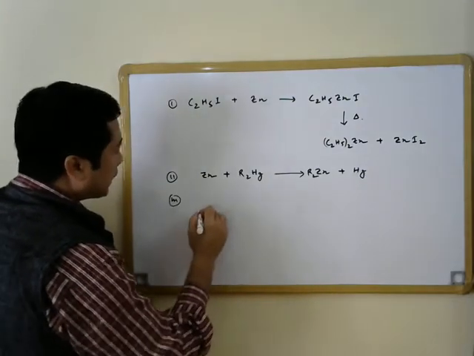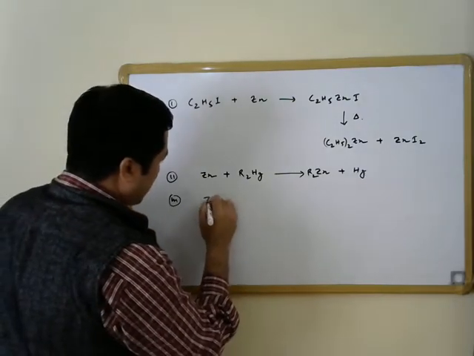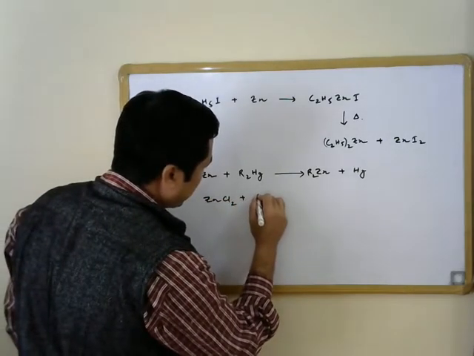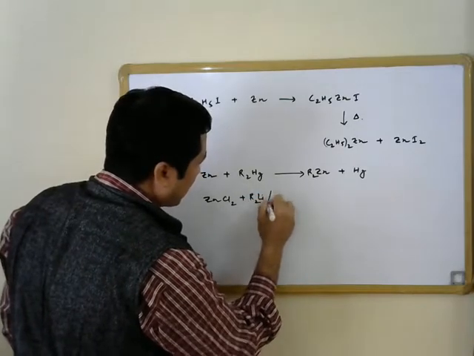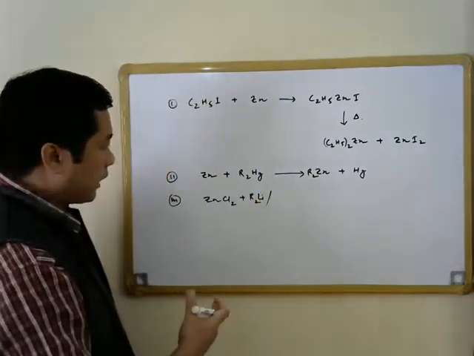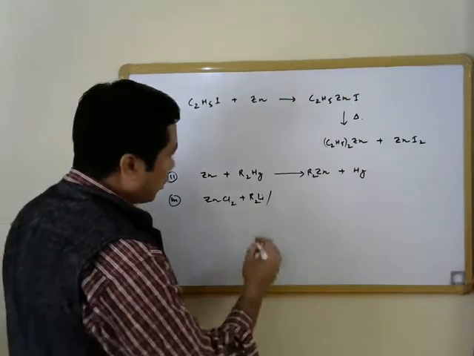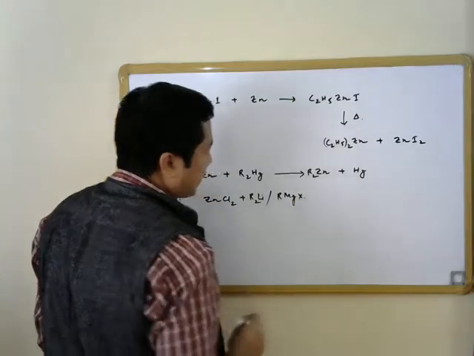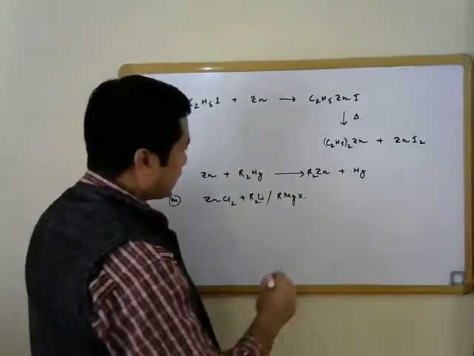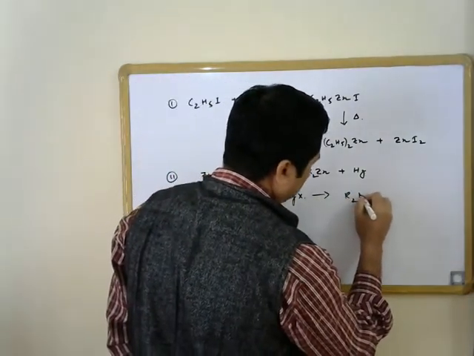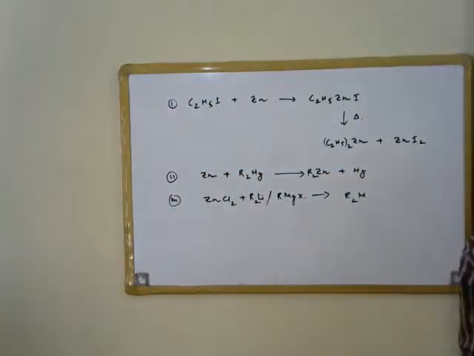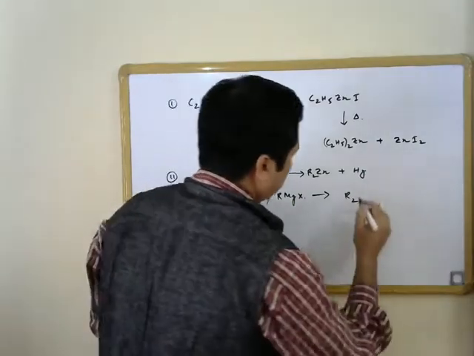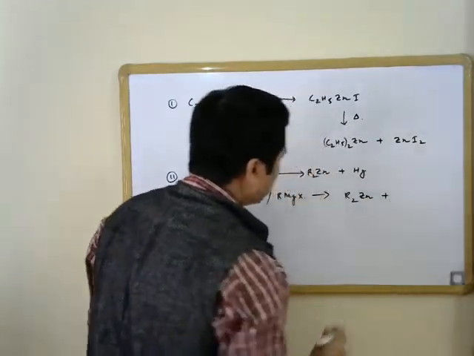Third conventional method is to start with organoalkali reagents, and in this case one can use either alkyl lithium, or in fact one can also use Grignard's reagent, and this will also give us R2Zn.